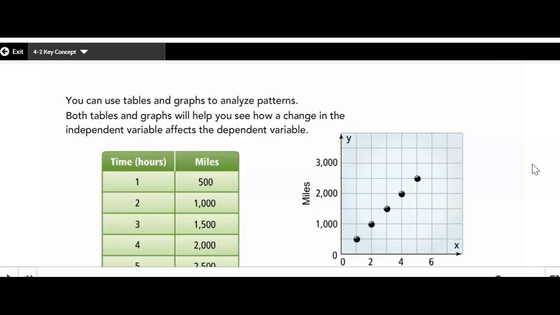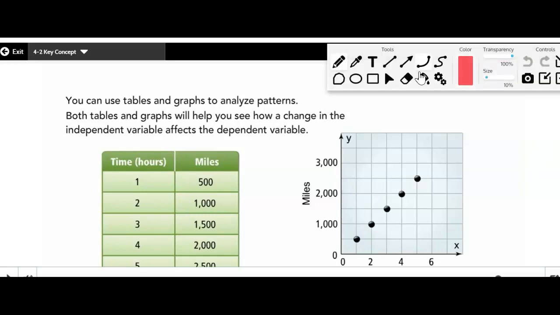Some of the information we can take from this is when we have a table here, like I said earlier, this is always going to be X, and it'll be your independent variable. And your independent variable almost always is on the X-axis. And this would be your Y-axis, and that is almost always your dependent variable.